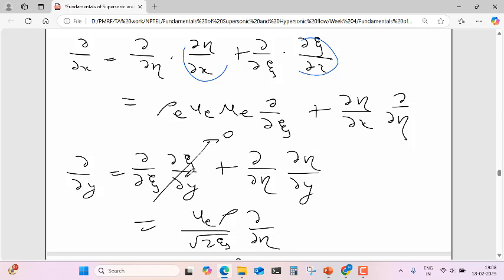We have seen that ∂xi/∂y equal to 0, so it will become ∂eta/∂y into ∂/∂eta. And ∂eta/∂y we found before is u_e rho upon under root 2 xi, and it will come into ∂/∂eta.